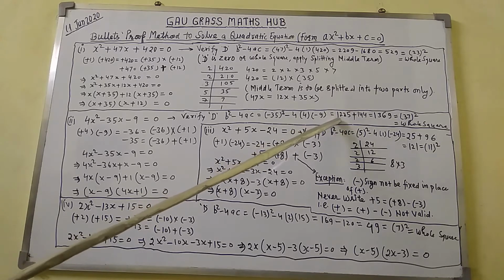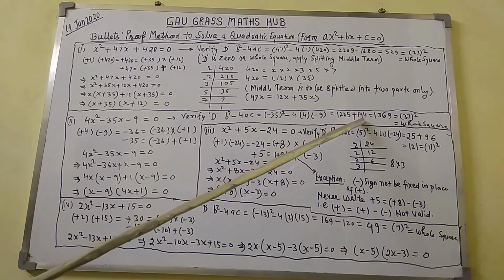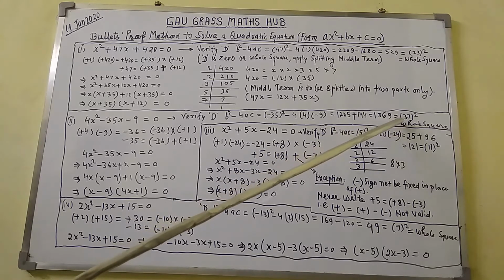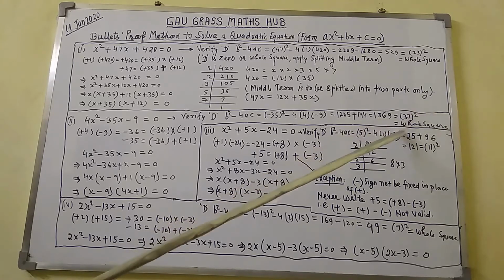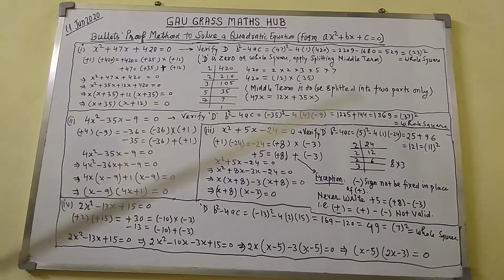Now 1225 added to 144 gives 1369, which equals 37 whole square. Now we can see the determinant itself is a perfect square. That's why this quadratic equation can easily be solved by applying the middle term splitting method.